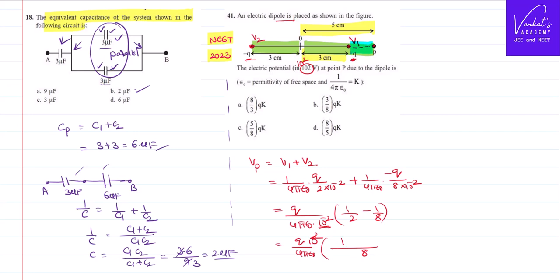This is 4 minus 1, that is 3q by 8. 1 by 4 pi epsilon naught is being written like k in the problem. So k into, of course, 10 power 2 is in common. So your answer has to be 3q by 8k. That's the answer for the problem.